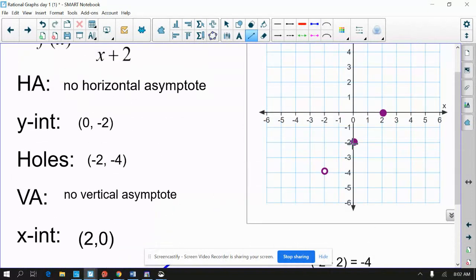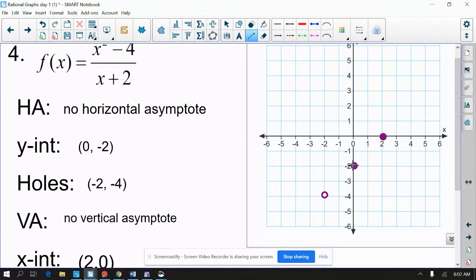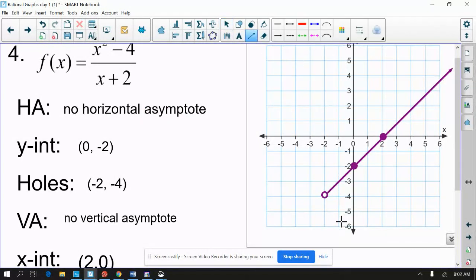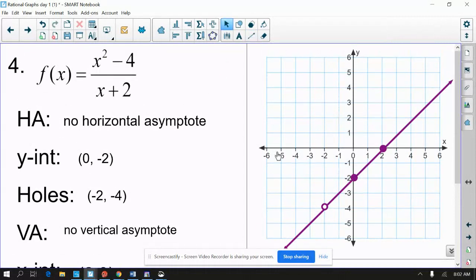And check it out, y-intercept right here and a slope of 1. And it goes all the way through, but I don't want to cut through this hole right there. So there it is. This whole thing is a line, but with a hole right there at -2, comma -4.